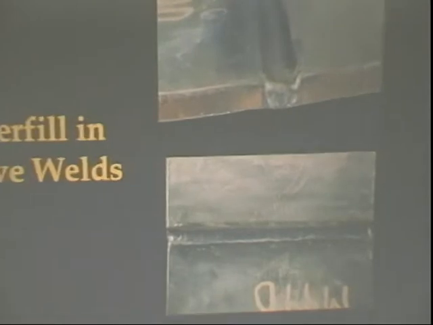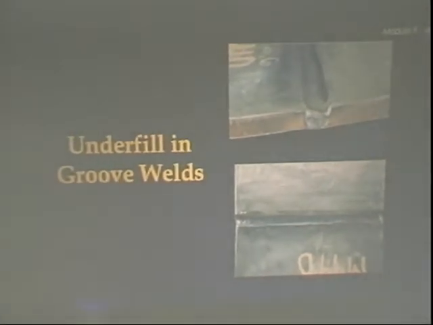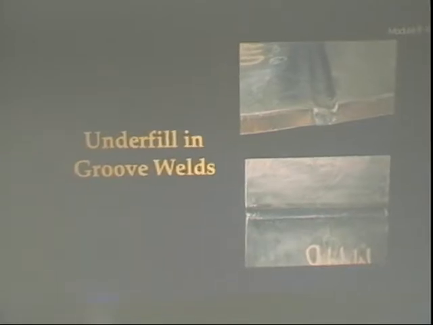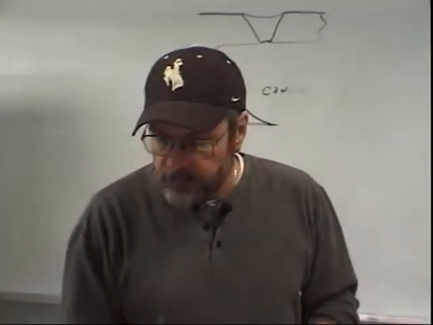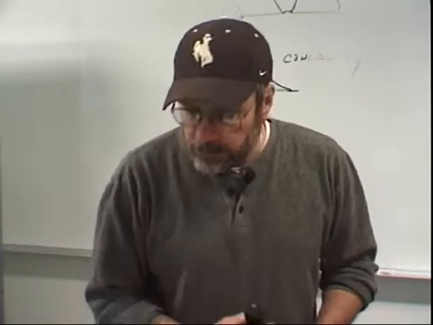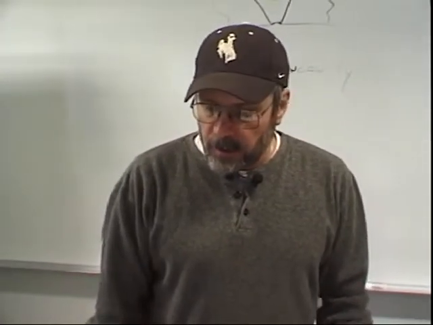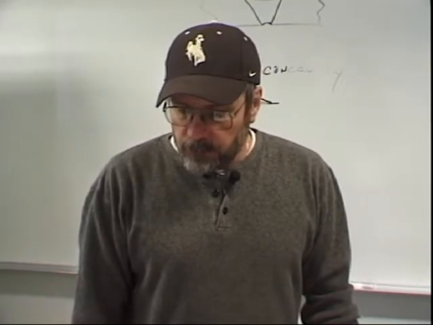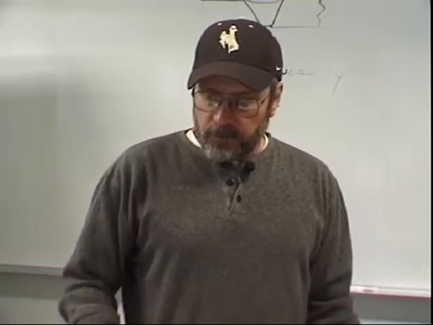It can be caused by excessive heating and melting of the root pass during deposition of the second pass. Then over the next column, highlight where it says the primary cause of underfill is the technique employed by the welder. Excessive travel speeds do not allow sufficient filler metal to be melted and deposited to fill the weld zone to the level of the base metal surface.